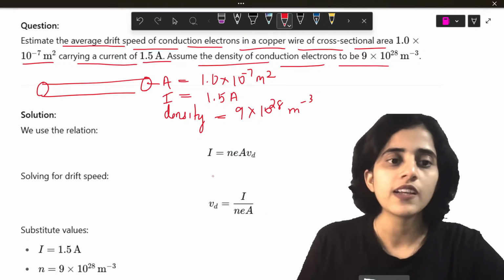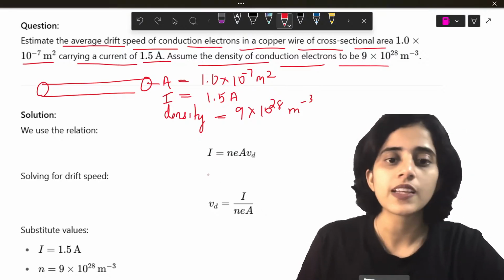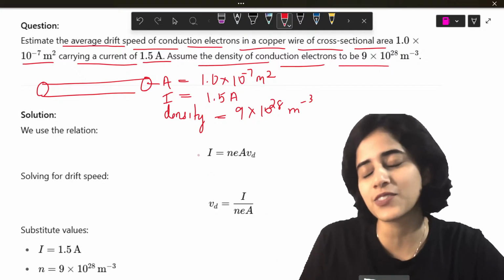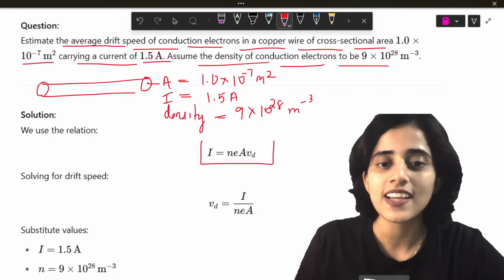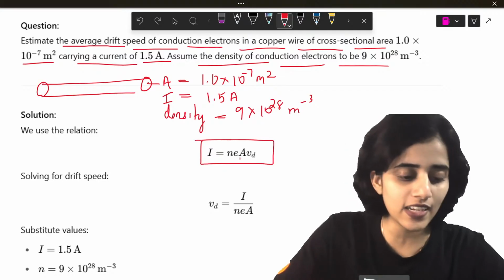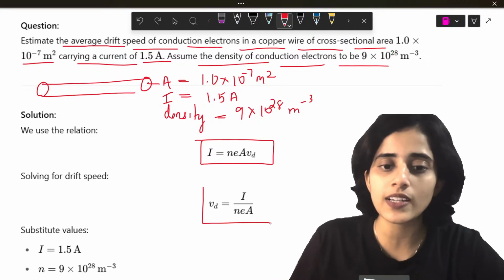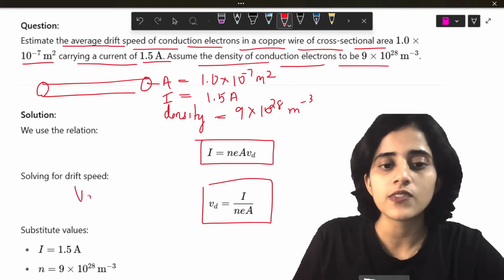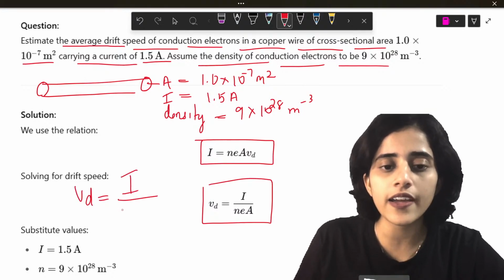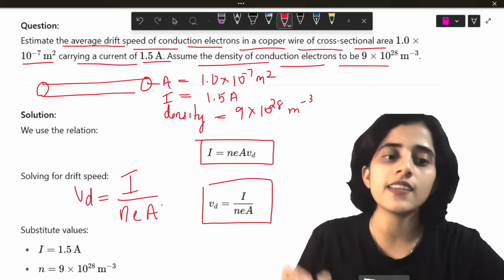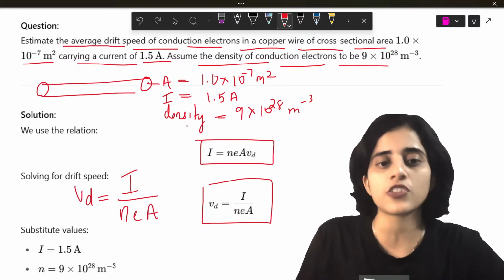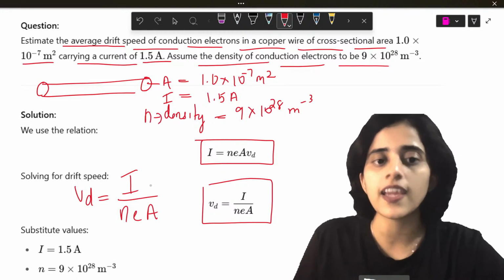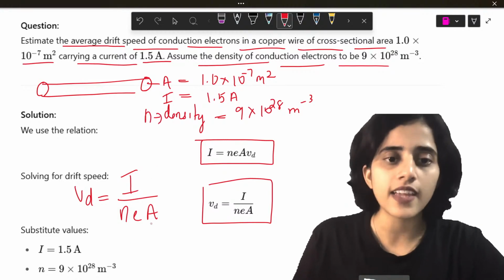Okay. Now we know that the formula relating current and drift velocity is I is equal to N E A Vd. So Vd is equal to I by N E A. Now density is the number of electrons, so this is taken as N. N is here, A is there.